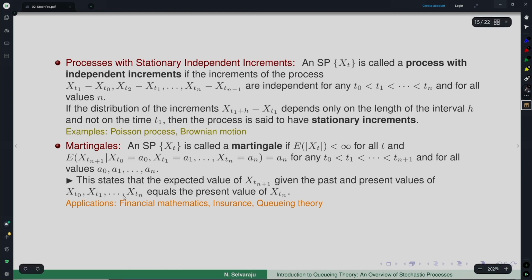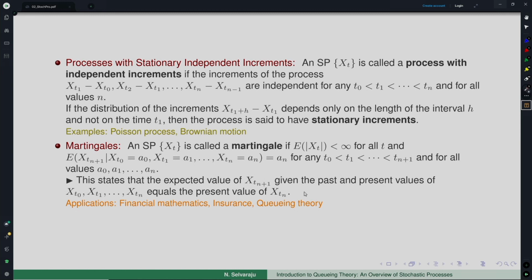Okay. So, basically what it means is that the expected value of x t plus 1 given the past and present values equals the present value x t n. So, for example, in a game situation this could represent a gain, and what is going to be the gain at the next time point after playing one more game.